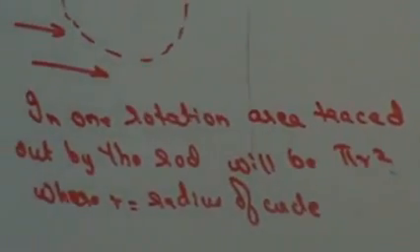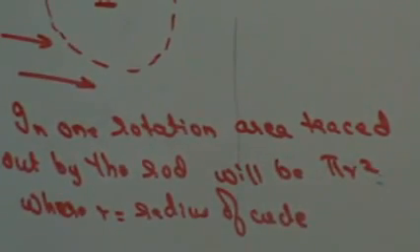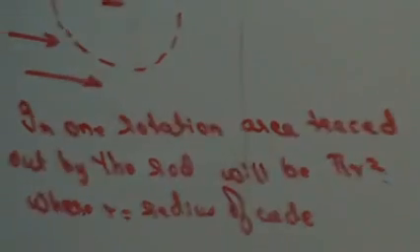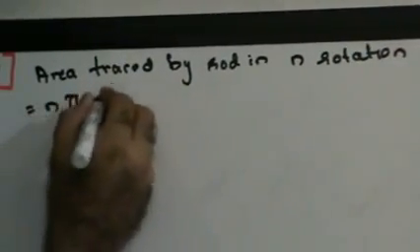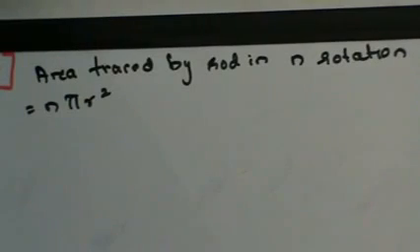Now, what will be the area traced by the rod in n number of circles? The area traced by the rod in n rotations will be n times pi r square. Do we get this thing clear?